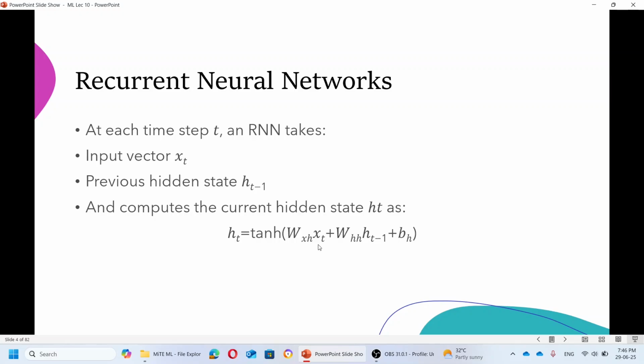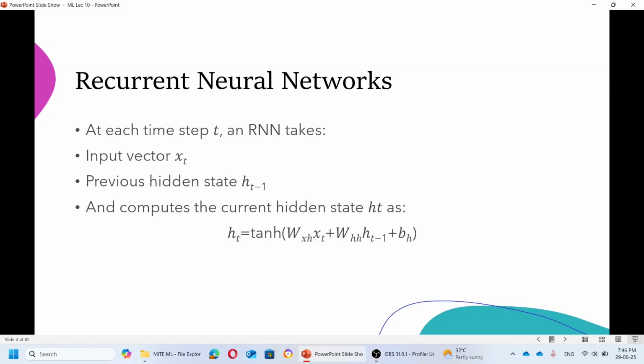If we just ignore the part Whh ht minus 1, then Wxh xt plus bh is the same as we have used in CNN and FNN and many other machine learning algorithms.